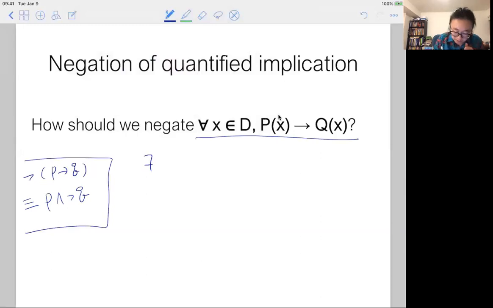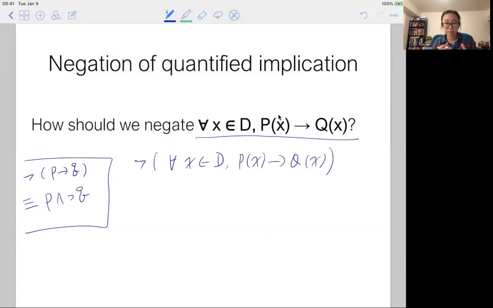Now if I negate this thing here, again, the process is to bring the negation symbol in. The moment you do that, you flip the for all back to exists. So this becomes there exists x in D, and then you want to negate the implication.